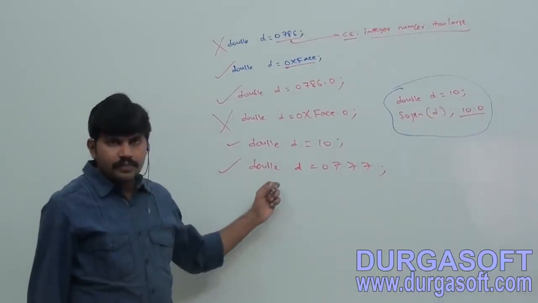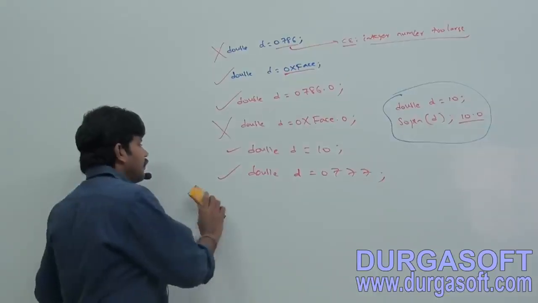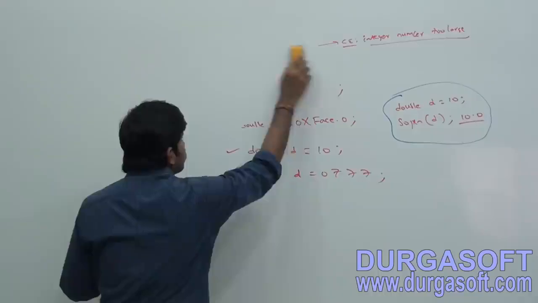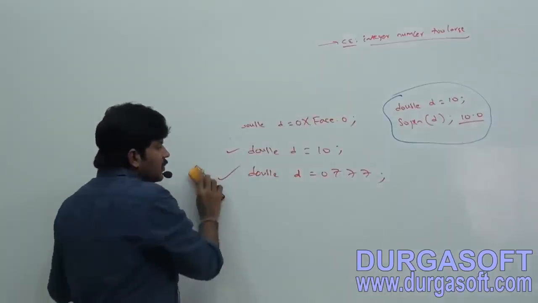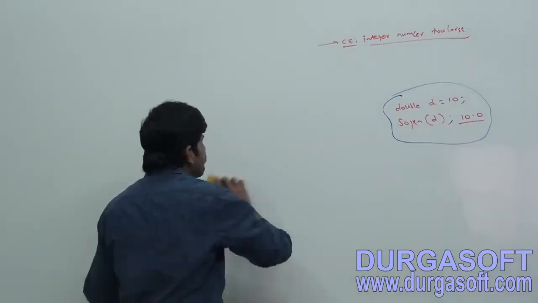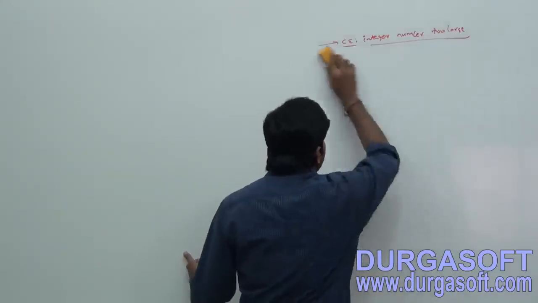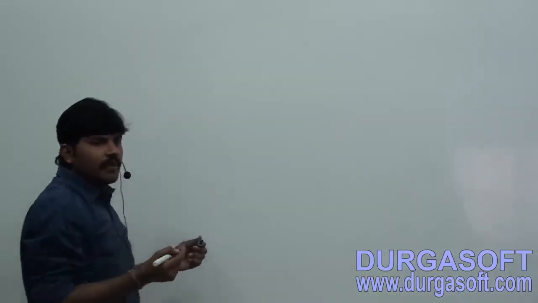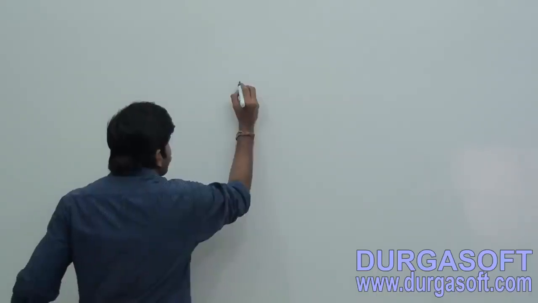Okay. Next one. Sir, can you tell is it valid or invalid? If I take it like this, double d = 1, valid or not?